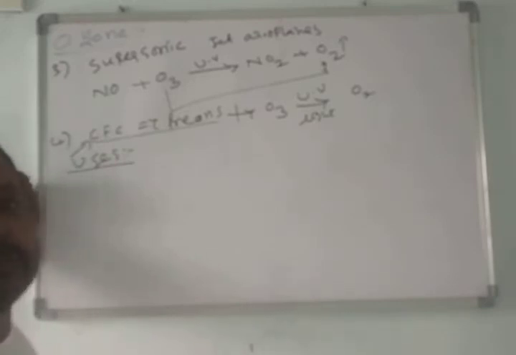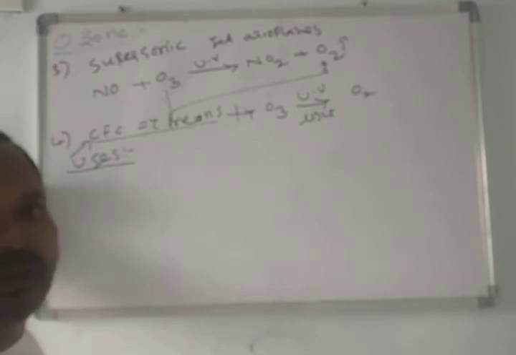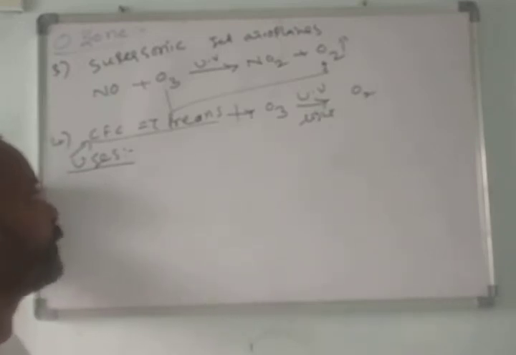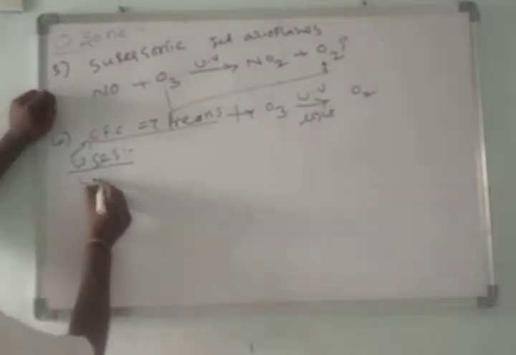It is also used as a bleaching agent, for the bleaching of food material, ivory material and different materials. This is the importance of ozone.